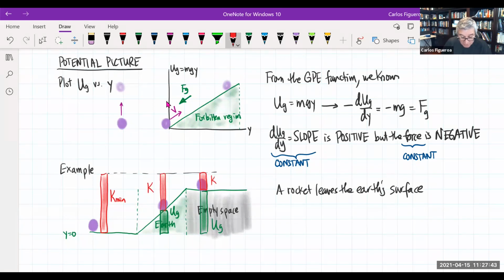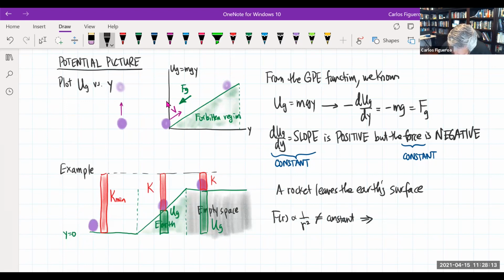And so you got to agree that this picture is considerably easier than trying to deal with Newton's laws, because the gravitational force is actually proportional to 1 over r squared. In other words, F of r is proportional to 1 over r squared, and it's a complicated 1 over r squared. That's just a simple one. So this means that this is not a constant force.